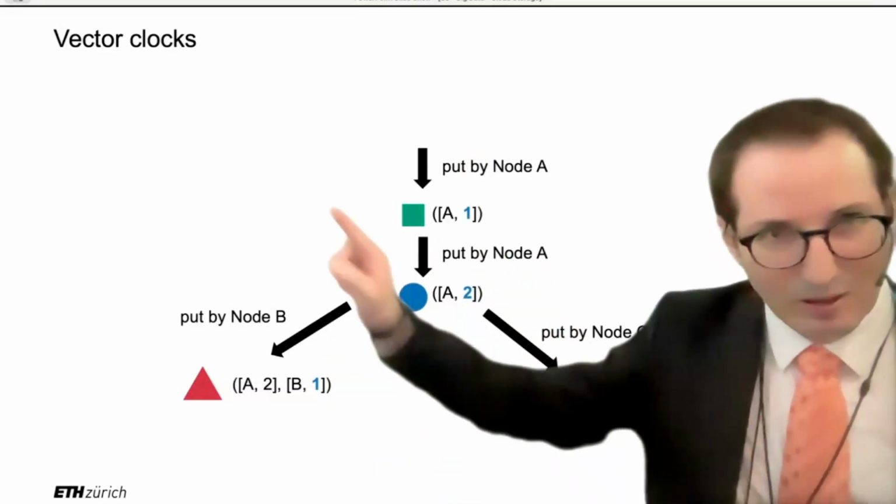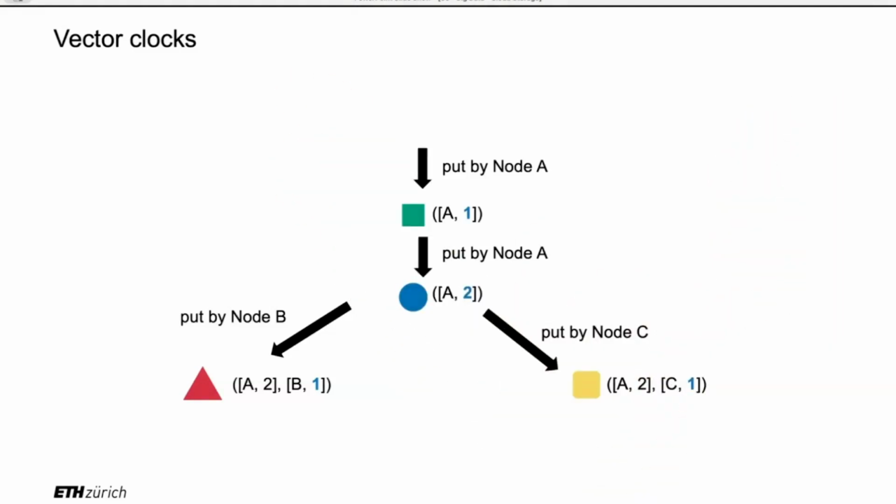And so the idea of vector clocks is that instead of using numbers as we would for a linear sequence of versions, we use vector clocks, which are vectors of numbers. So basically, we associate every machine, every token, with a version, but that version is specific to the token.